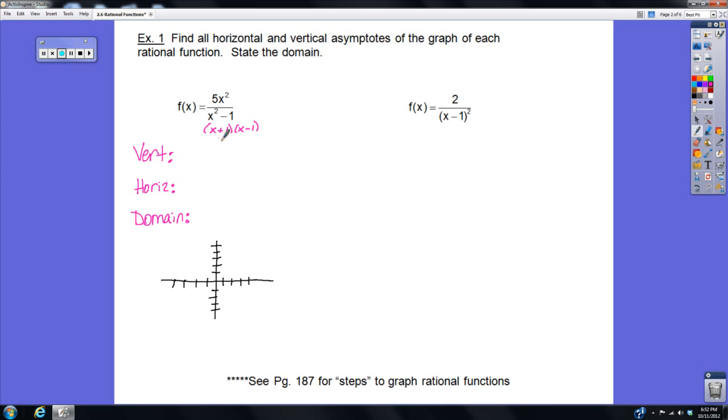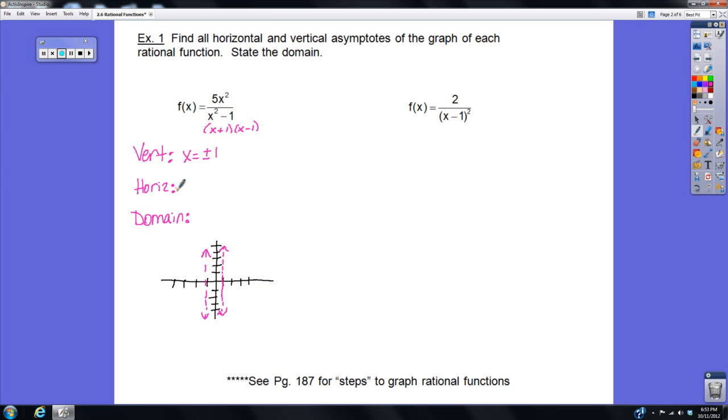And the zeros of this would be positive 1 and negative 1, which means I'm going to have vertical asymptotes at positive and negative 1. So I'm going to go ahead and put that on my graph just so that you can see. I will have, and I'm going to draw little dotted lines here, at positive 1 and at negative 1. I have two vertical asymptotes there, positive 1 and negative 1.